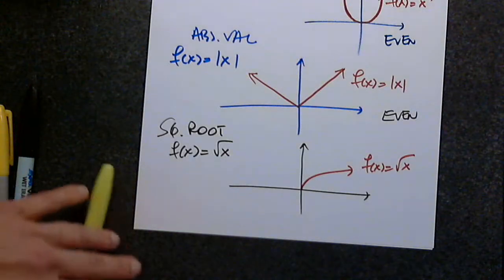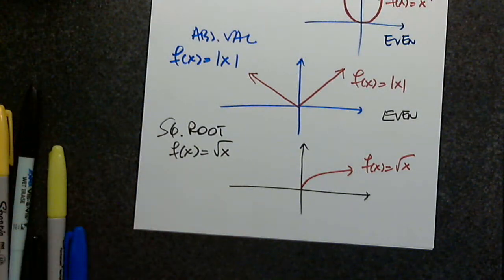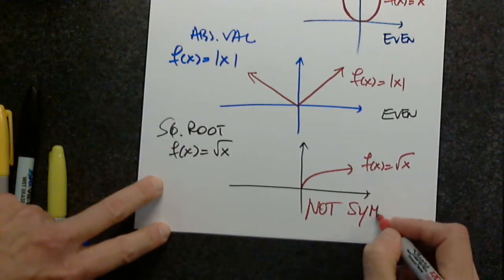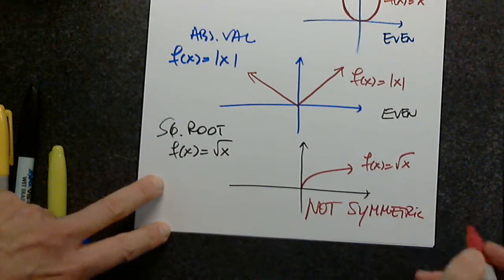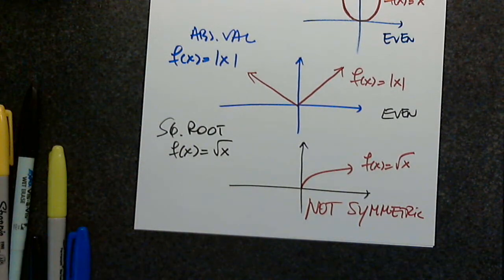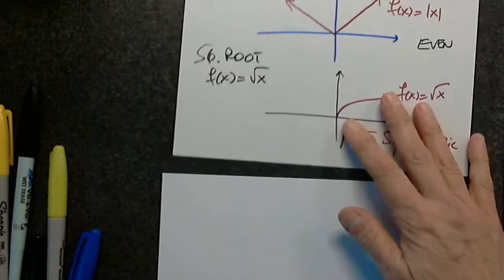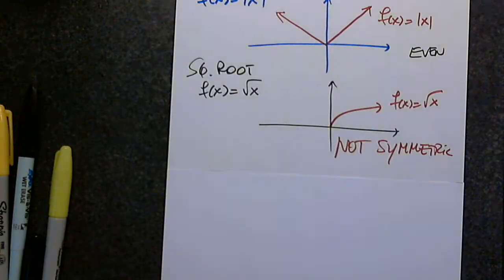We can also picture the cube root of x. Let's do that too. Odd, even, or none of the above? Not symmetric. Very good. This is not a symmetric function. It's not symmetric with respect to the origin. It's not symmetric with respect to the y-axis. Not symmetric.